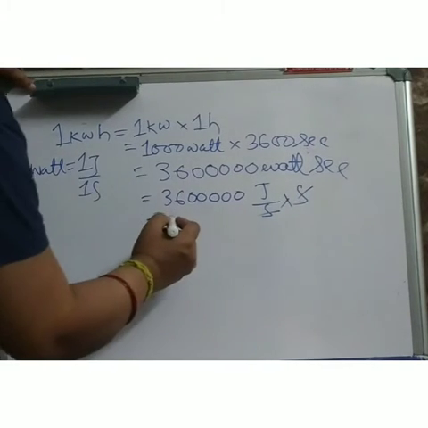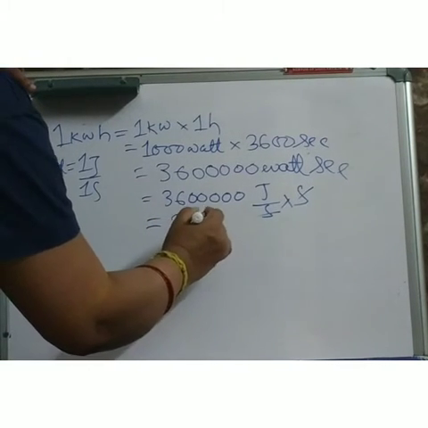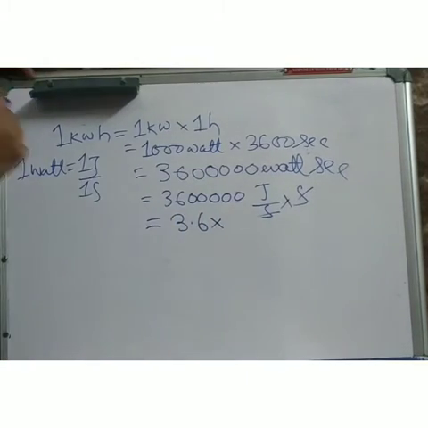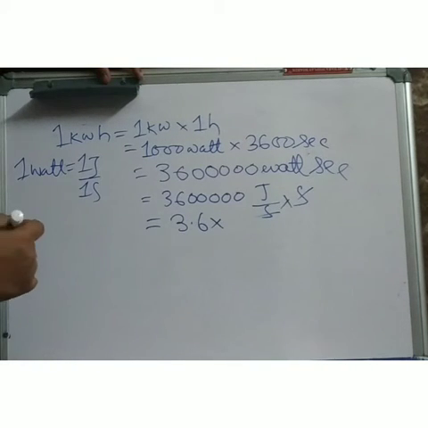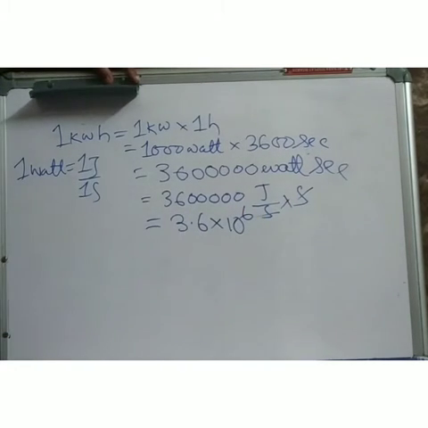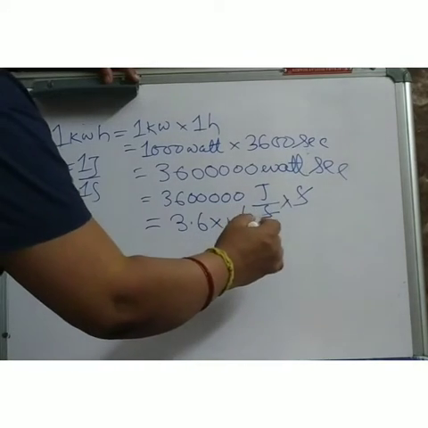You can write it simply as 3.6. We'll study this in class 11th, first chapter. So the usual expression: simply write 3.6 into 10 to the power 6 joule.